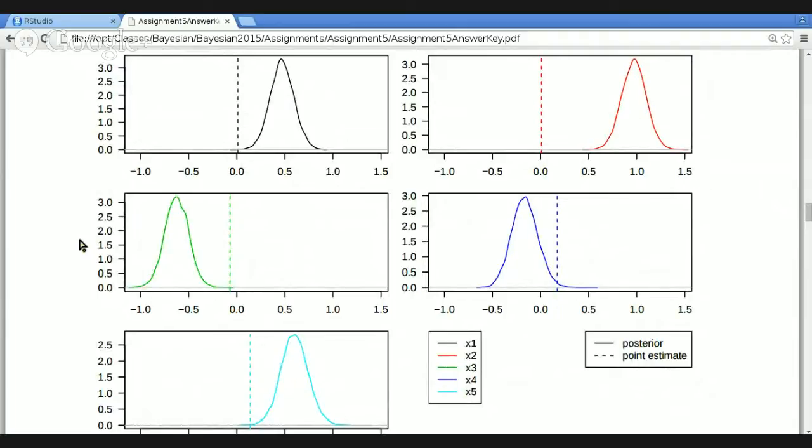So the smooth line is the posterior distribution of the mean vector, mu plus gamma times W. And then the vertical line is the point estimate implied by Amelia, averaging over its bootstrap things.